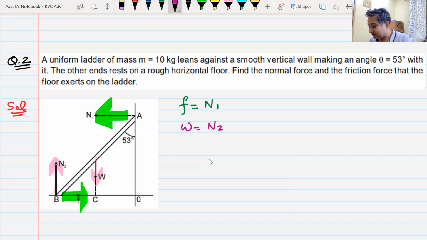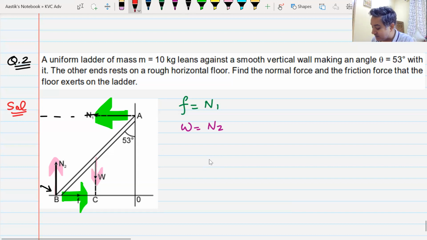Then after this, I'll do it orally, just for the sake of proving a point. I will take torque about this point. When I take torque about this point, N2 and F say bye-bye. So N1 multiplied by this distance.